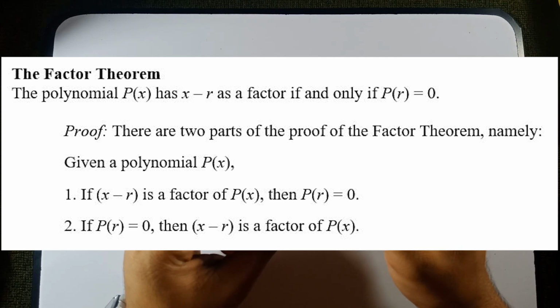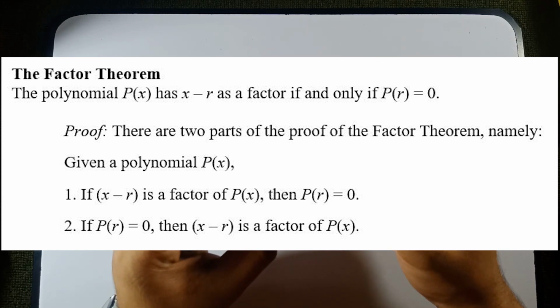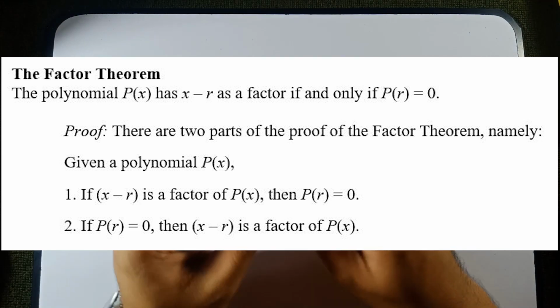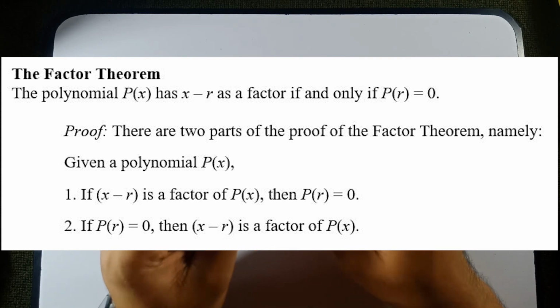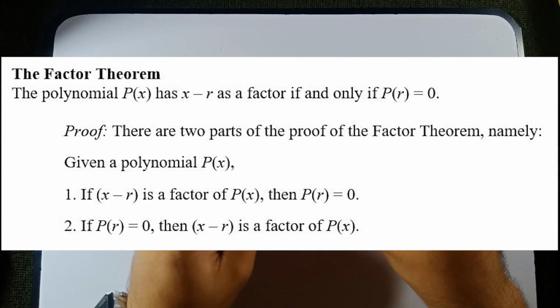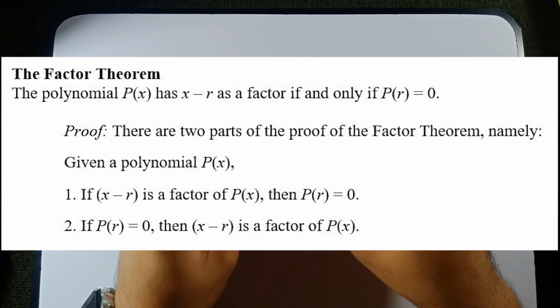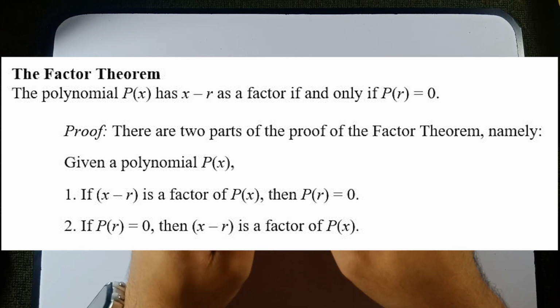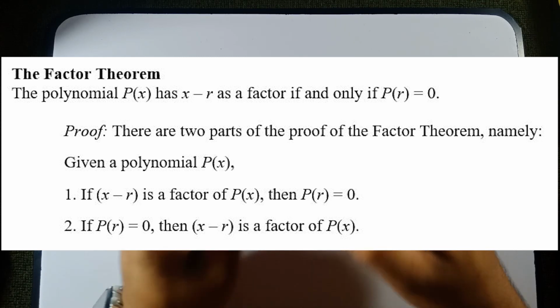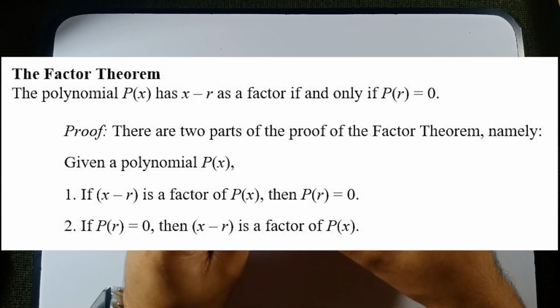So, sabihan, proof. There are two parts of the proof of the factor theorem. Namely, given a polynomial p of x, number 1, if x minus r is a factor of p of x, then p of r is 0. Yung pangalawa, if p of r is 0, then x minus r is a factor of p of x.